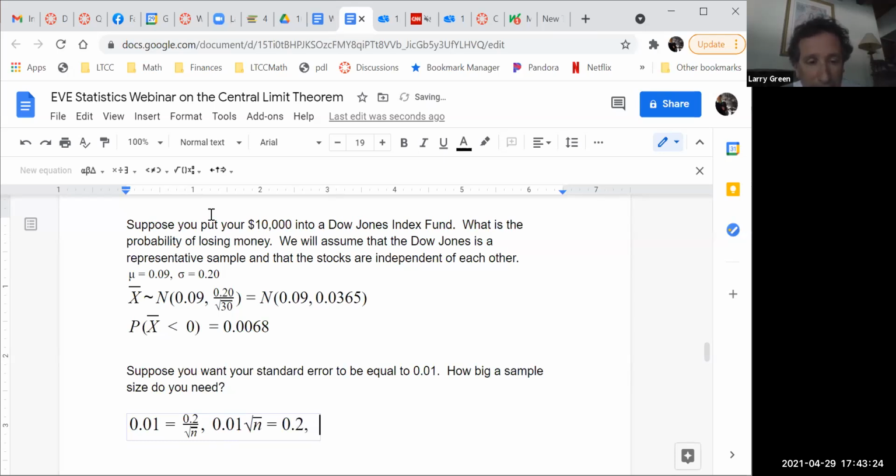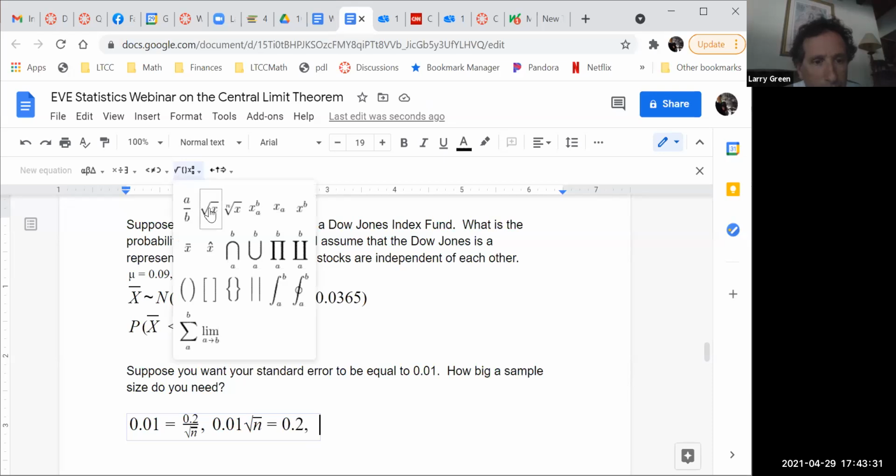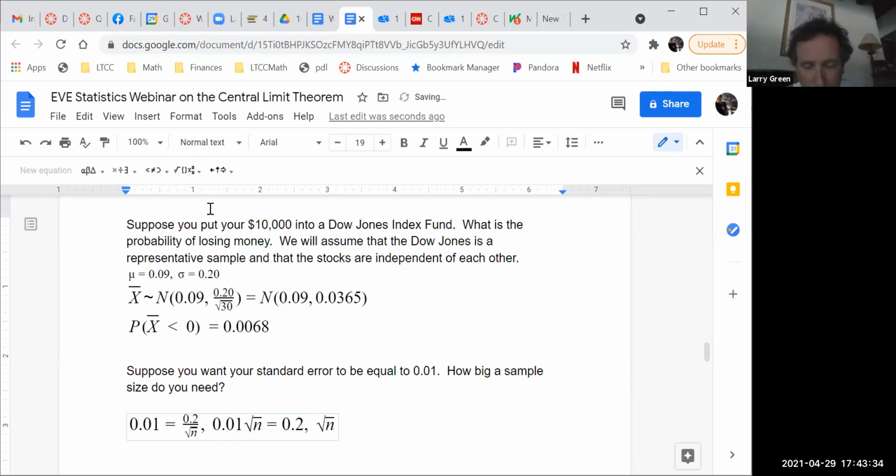And again, I want n by itself, so I'm going to divide by 0.01. So I get root n is equal to 0.2 divided by 0.01. Any questions on that? Okay, and 0.2 over 0.01 is what?